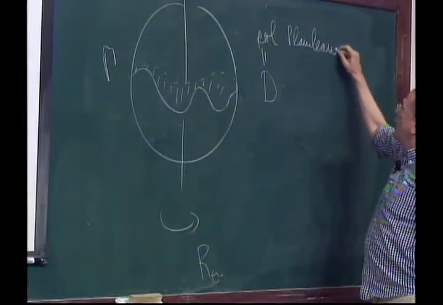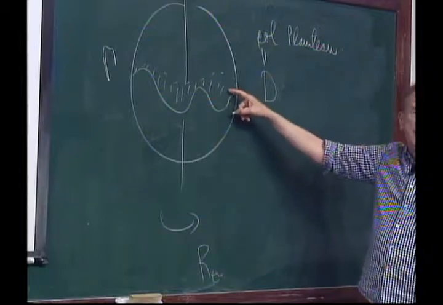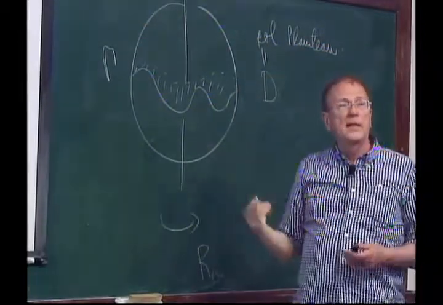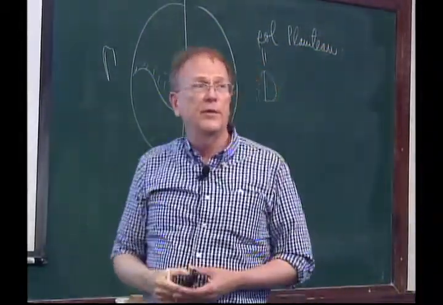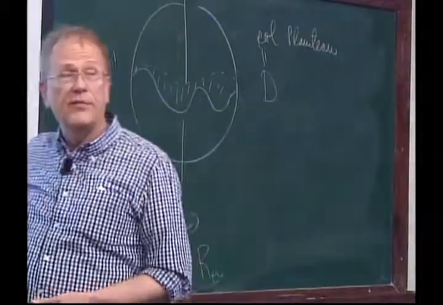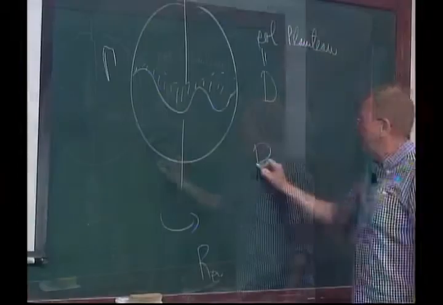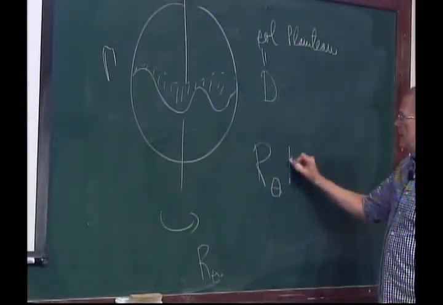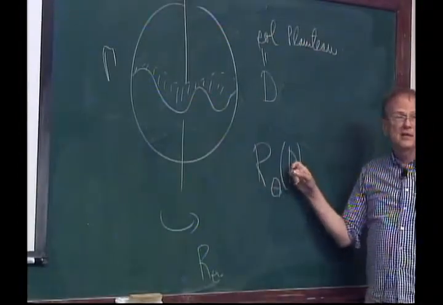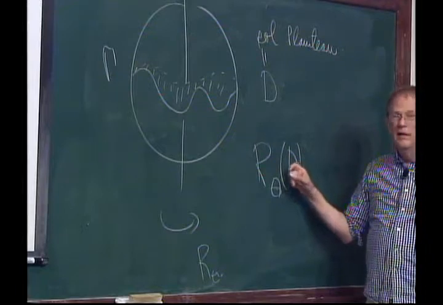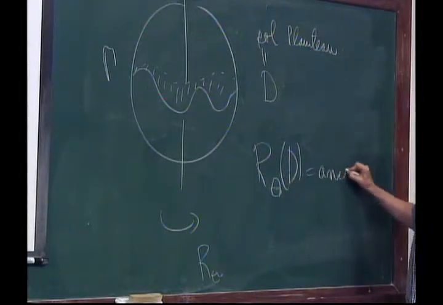Okay, we know it's embedded. But we also know that if we take another solution to it, it's disjoint from it. So if we take this solution and look at R theta of D, well, rotation is an isometry. So this is another solution.